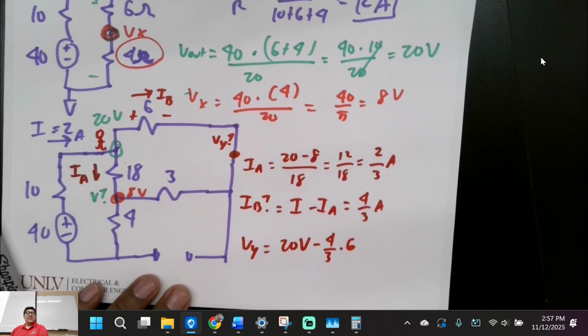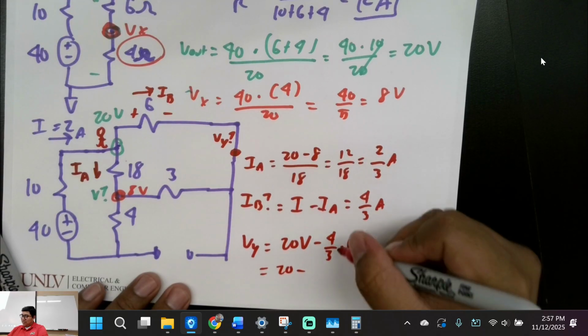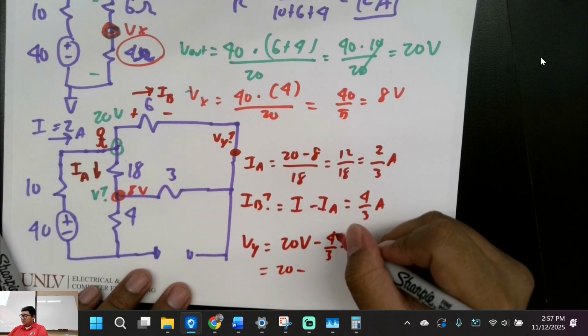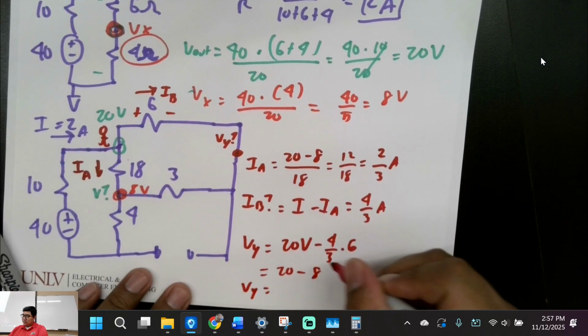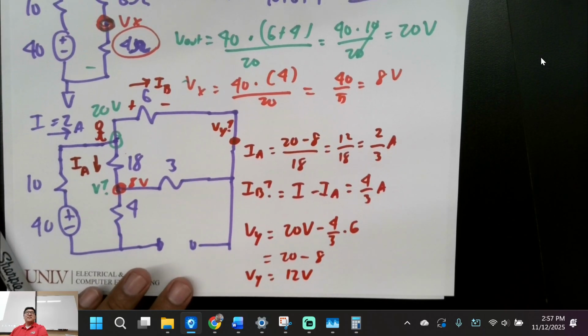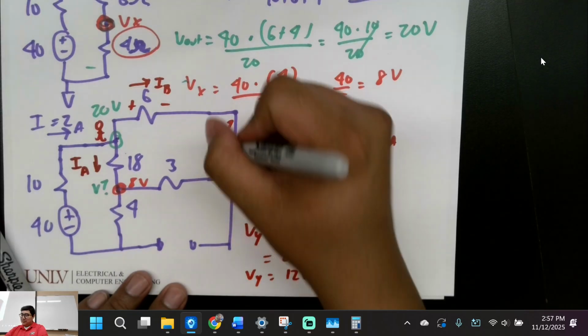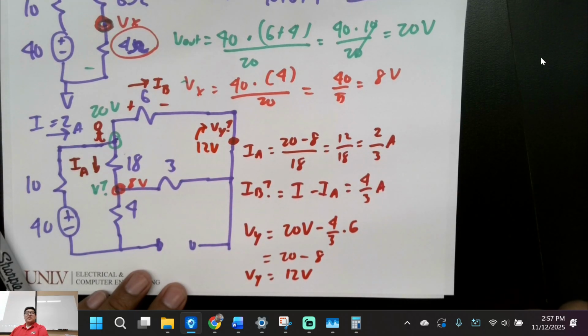Is that good with everybody? What was that equal to? 20 minus, well, 24 divided by 3 is 8. That's 12 volts. Did we get that in homework? Is that good with everybody? Nice.